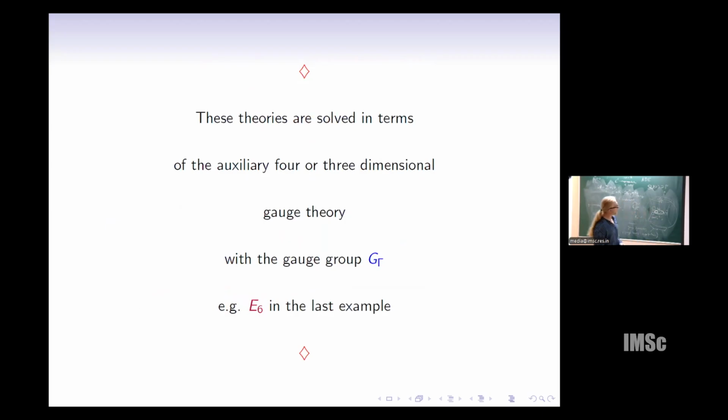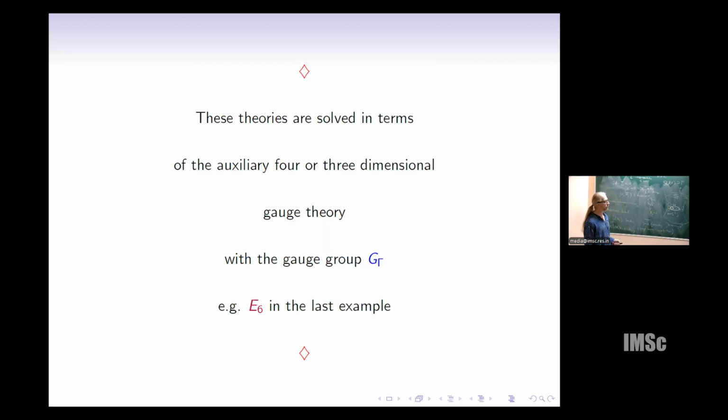So the claim is that if you can compute the partition function, the Z function, for such a theory, study its asymptotics when epsilon1, epsilon2 go to 0, and discover an emergent geometry of the type I spoke about yesterday, it will happen to be describable in terms of an auxiliary 4 or 3-dimensional gauge theory with the gauge group which is Mackay dual to the graph.